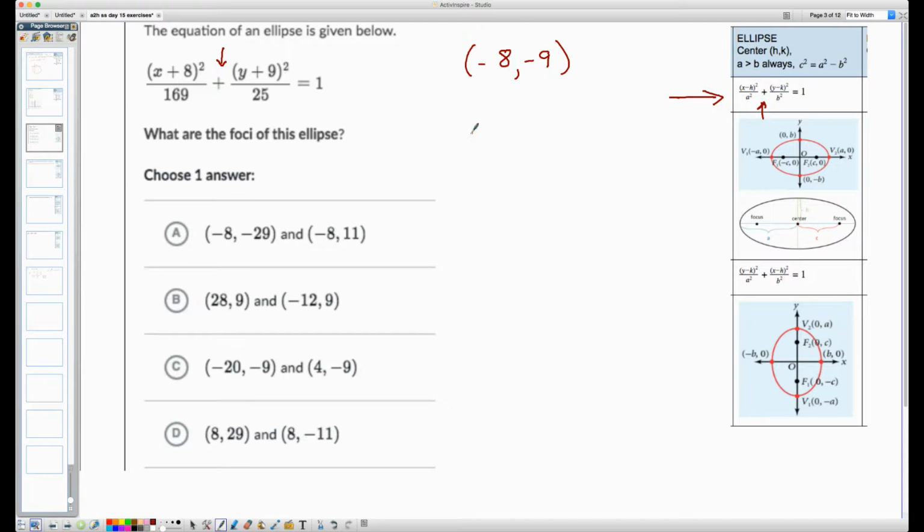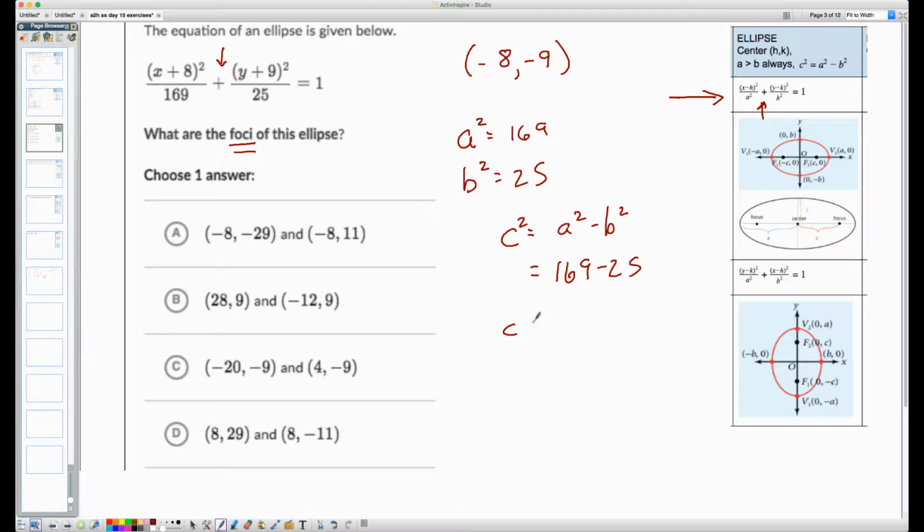So if a squared is equal to 169 and b squared is equal to 25, to find the foci of this, I need to know what c is. So I will take c squared is equal to a squared minus b squared, which is 169 minus 25.